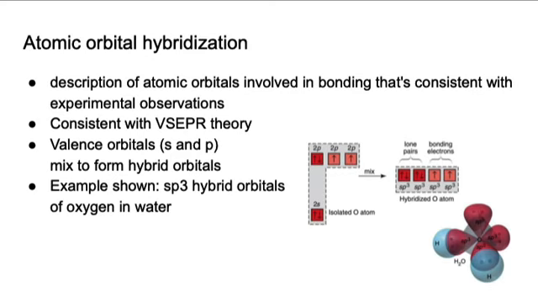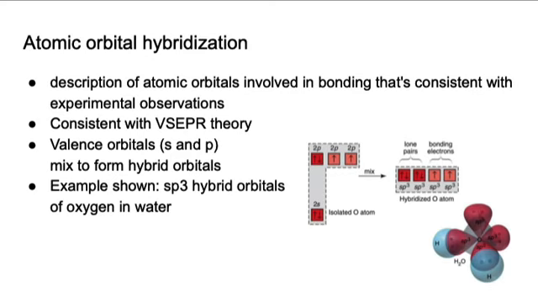Take the oxygen in water, for example. If you were to fill out an electron configuration for the oxygen, you would start with two electrons in the 2s orbital in the valence shell and move the electrons then into the 2p orbitals once the 2s is filled.